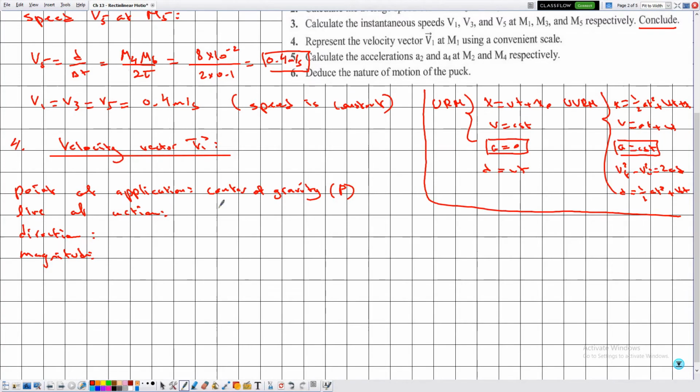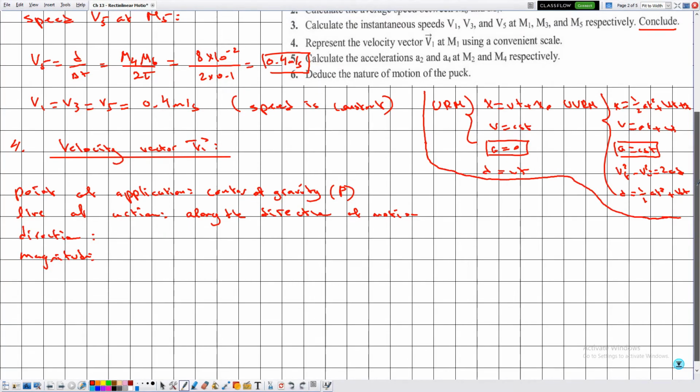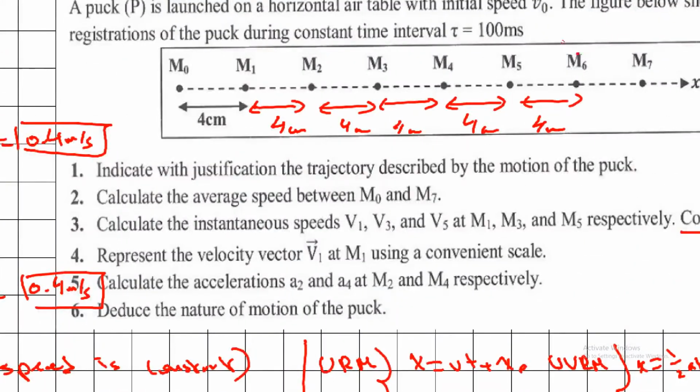Now the line of action along the direction of motion. So what is the direction of motion? Notice the direction of motion in this case, this is it, which is set to be the horizontal.